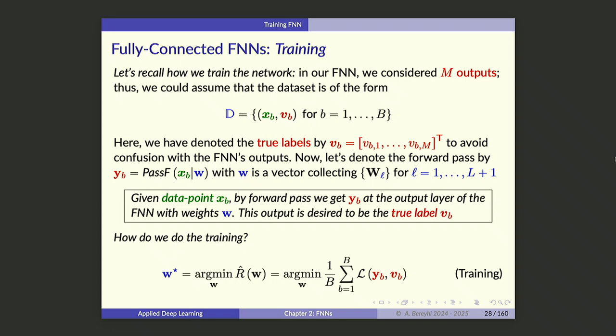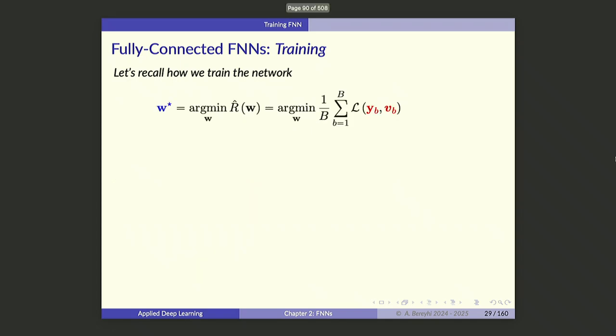We compute this loss between the output y and v for every single data point that we have inside our data set, and then we average all of them out. And we want to minimize this. How are we going to do this minimization? We're basically going to use gradient descent. But before doing that, I am showing here the empirical risk as a function of the weight w.